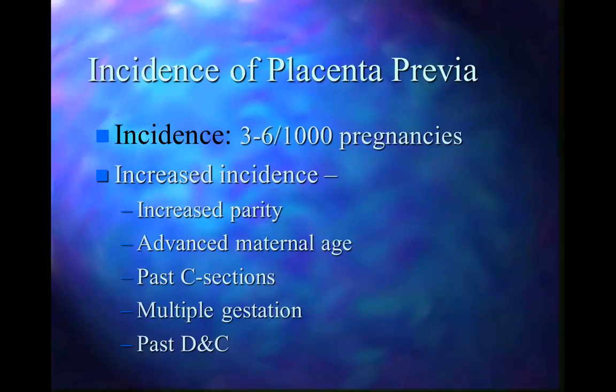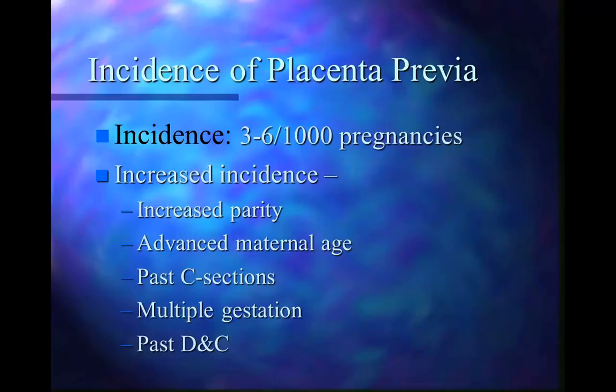The incidence is about 3 to 6 in 1,000 pregnancies, but that incidence does increase with increased parity, advanced maternal age, any past C-sections, multiple gestations, and past D&Cs. Remember, first of all, the placenta will never implant in the exact same place again.